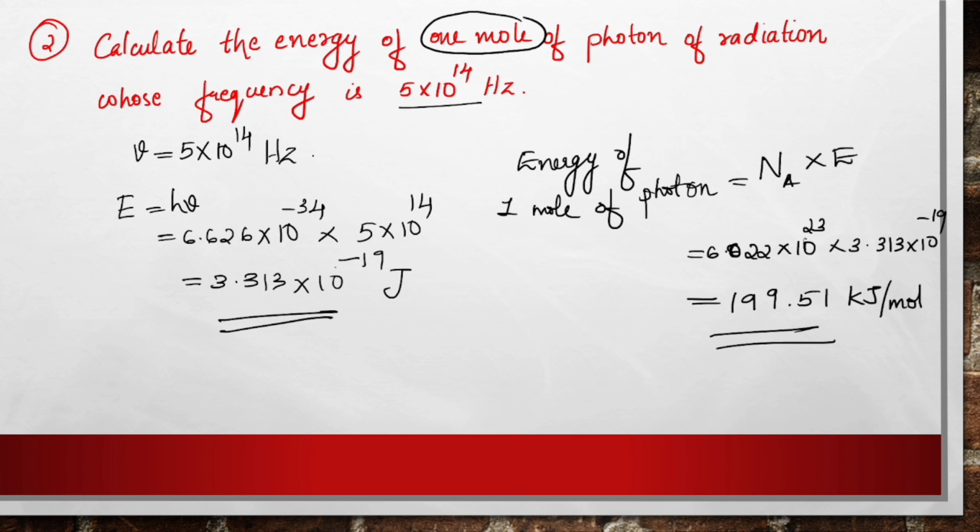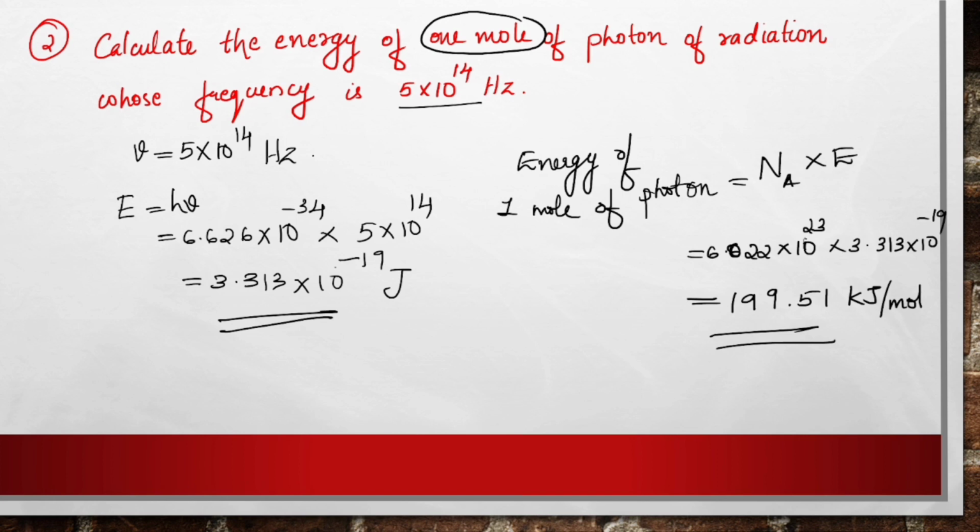So we will multiply the energy value that we obtained with Avogadro number, 6.022 into 10 raised to 23, and we will get the value in joule per mole, which we change into kilojoule per mole. Just calculate the values and tell if there is any mistake.